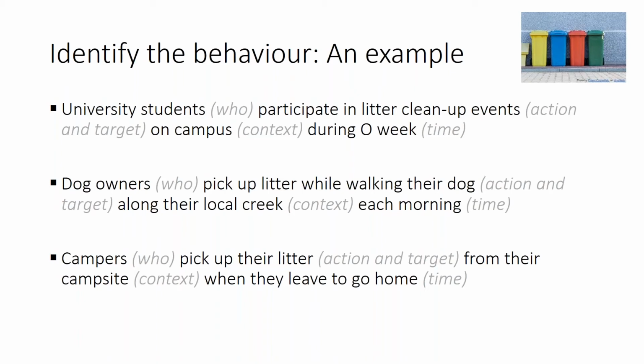And that intervention might look different again from one to get campers to take their rubbish home with them when they leave a campsite. So we need to understand the specific audience as well as the action, the target, the context and the time, so that we can really tailor that intervention.